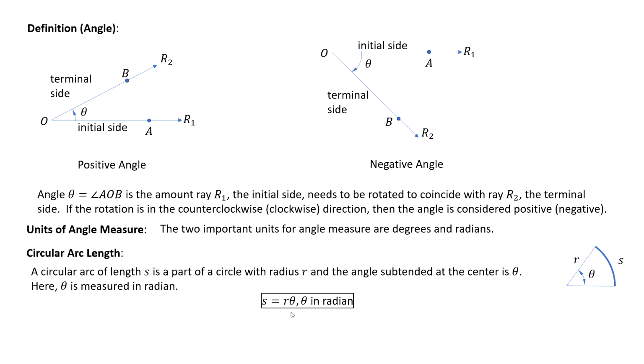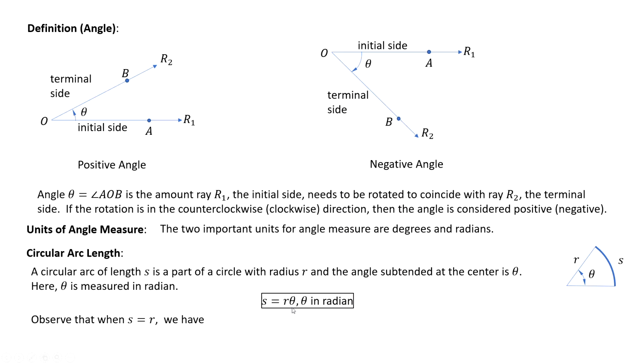Cool. With that, we can now define what a radian is. Look at this formula, and look at what question I'm asking. Observe that when S is equal to R, what happens to theta?